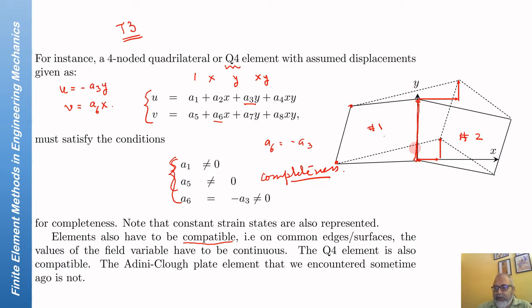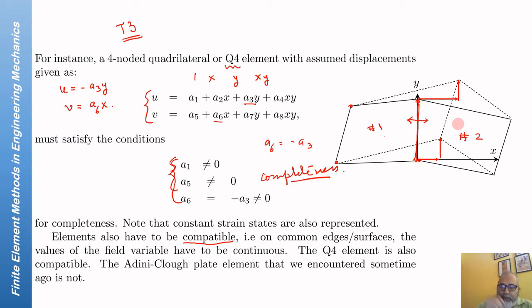So the field variables on the common edges must be continuous as you go across the inter-element boundary. The field variable in this case is u and v. U and v should be continuous along this inter-element boundary.